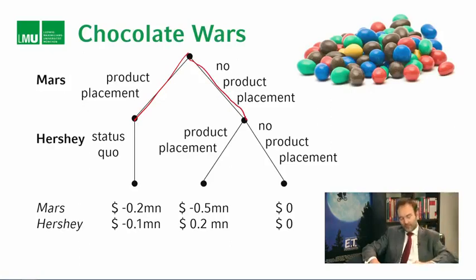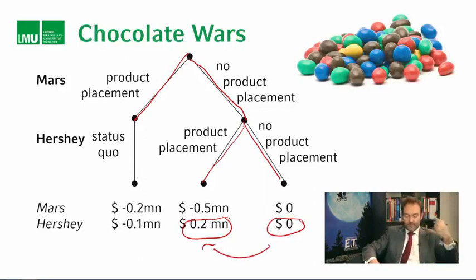If Mars declines the offer, then Hershey's has the choice of signing the deal, which is going to gain them $200,000, or not signing the deal, which is going to mean business as usual and zero change in profits. So for Hershey's, the situation is, do I want to make $200,000 or do I want to make nothing? Okay, so of course, the best outcome, the best solution for Hershey's is to accept the deal if offered the deal. Okay? Therefore, we can eliminate this part of the game.